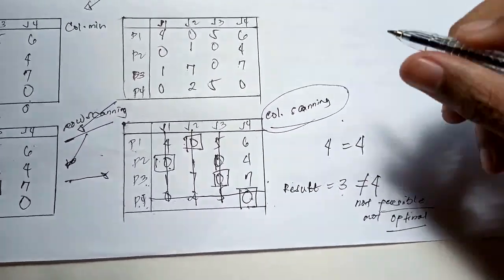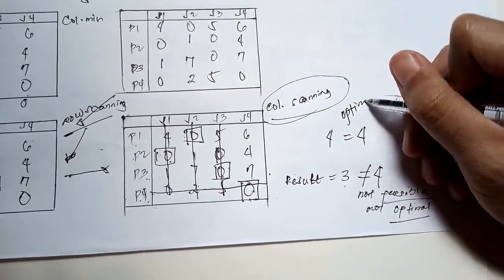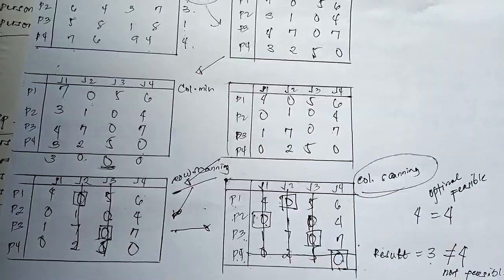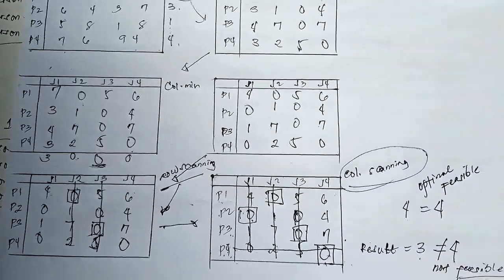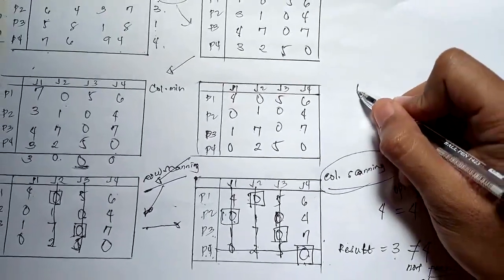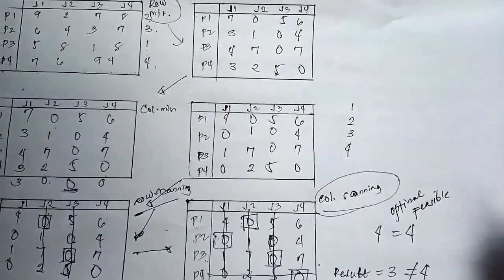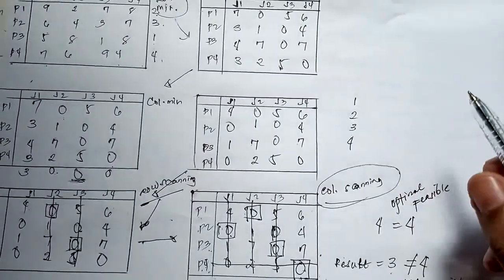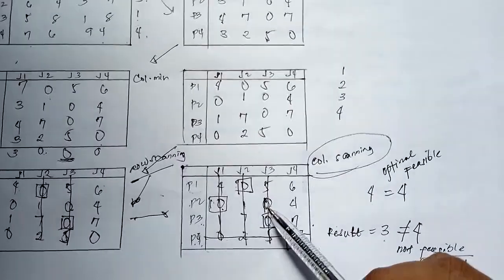So this solution is optimal and feasible. So let us now get the minimal cost in the assignment problem using the Hungarian method. Let us write here person 1, person 2, person 3, and person 4. All we have to do here is find the square in each row and each column.